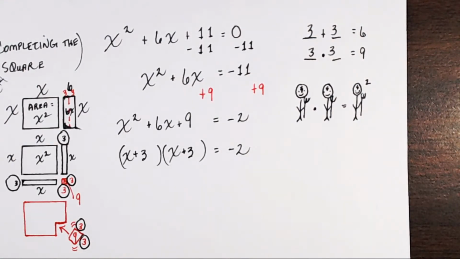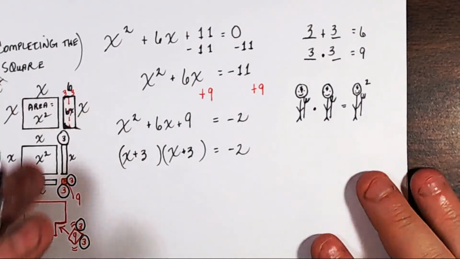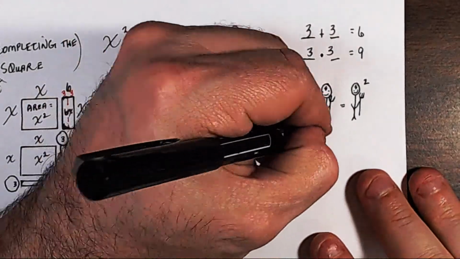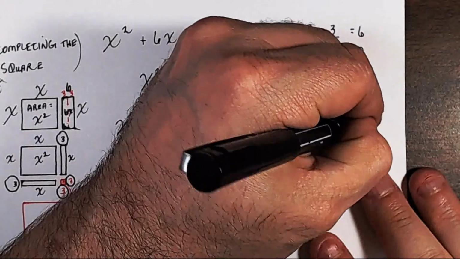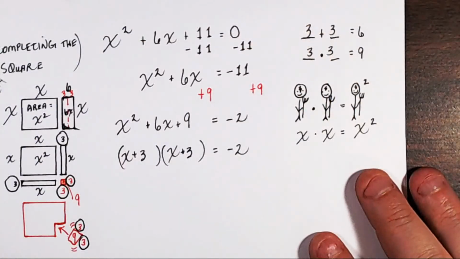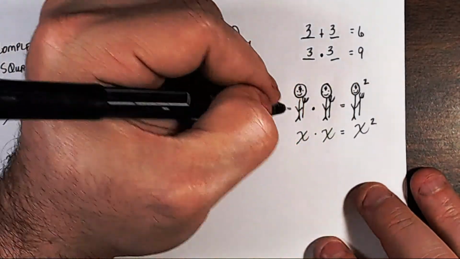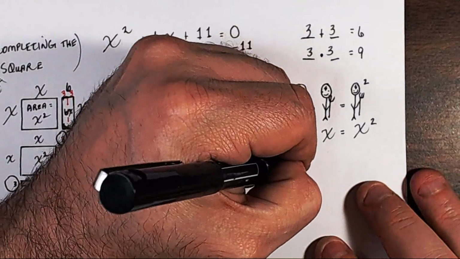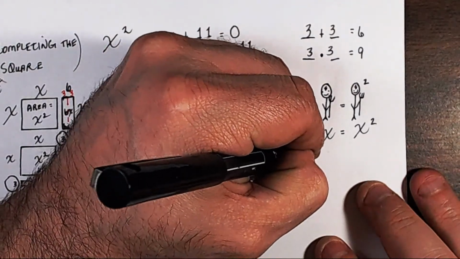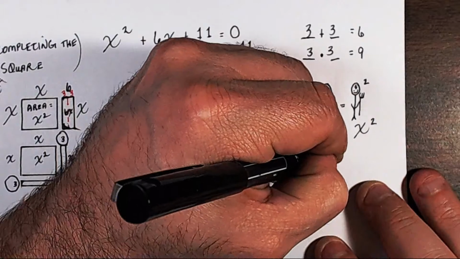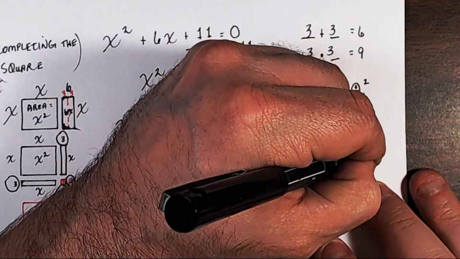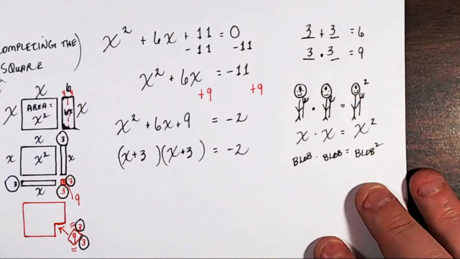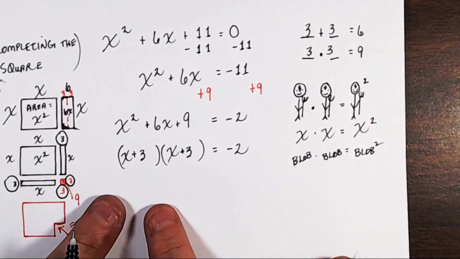In the same way, x times x equals x squared. In the same way that blob times blob equals blob squared. So let's go back over to our real problem.